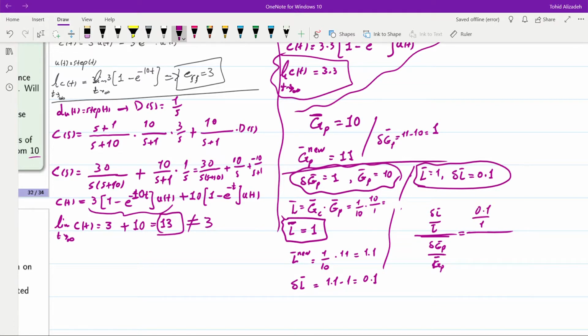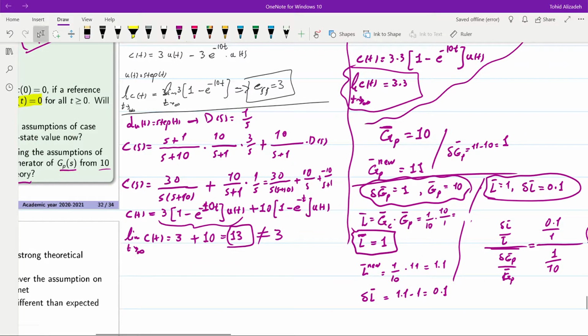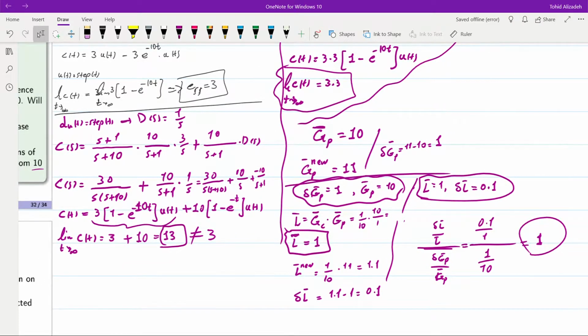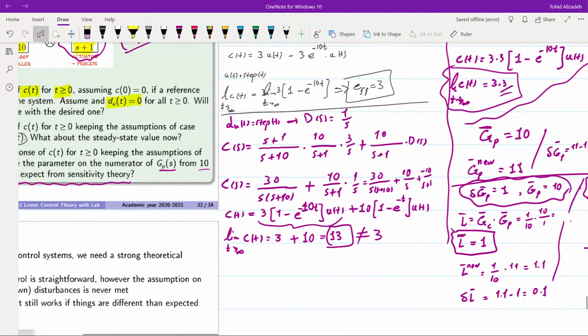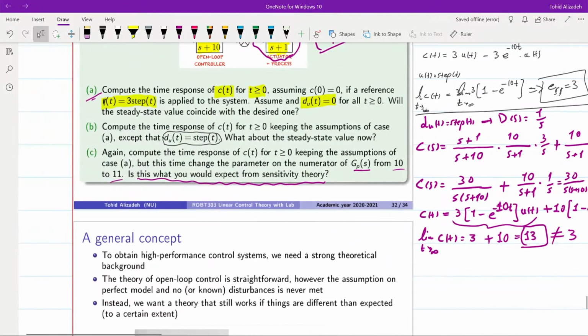Delta GP bar is equal to 1 over 10. And if you simplify it, you will get 1 as the result. So the sensitivity of the open loop system is equal to 1. That's why any fractional change in the process or plant will result in the fractional change in the DC gain of the loop, and that will appear at the steady state value of the output signal.